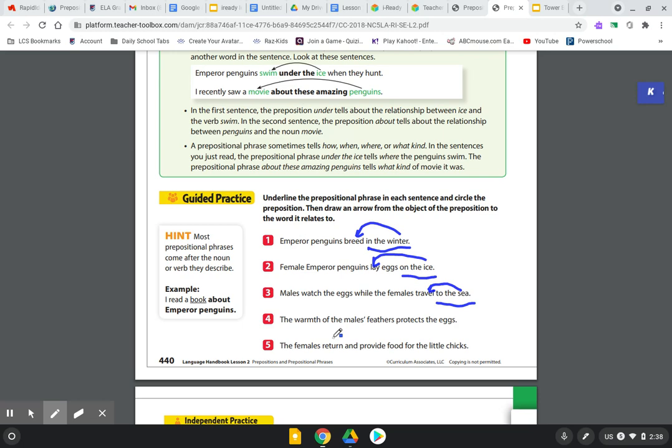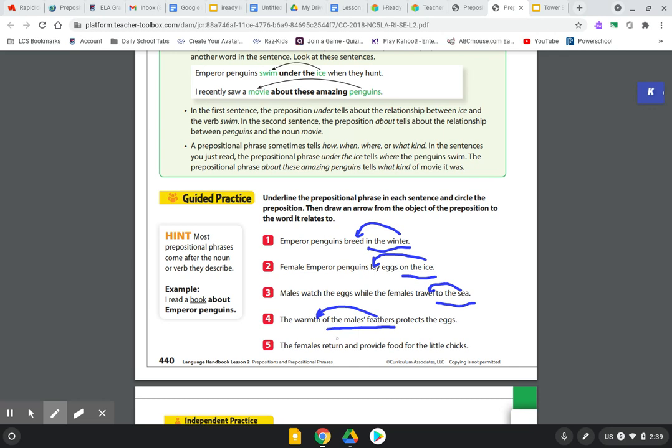Number 4, the warmth of the male's feathers protects the eggs. Of is your preposition. Of the male's feathers is the entire prepositional phrase. Of is just the preposition, and the word it relates to is warmth. So they're referring to the warmth of the feathers. Please write down of the male's feathers.